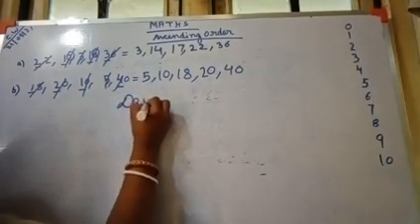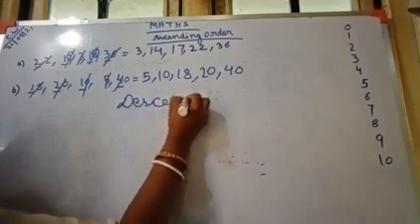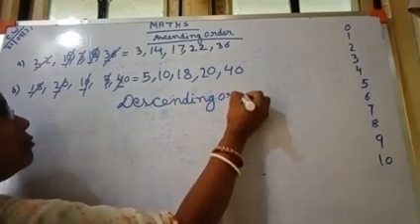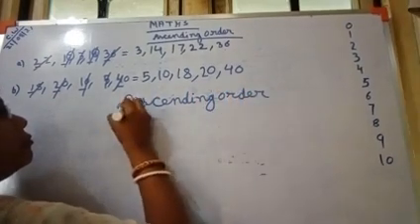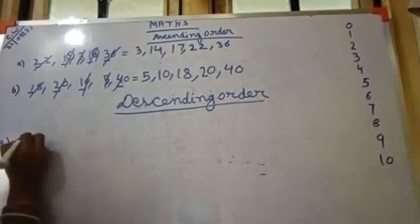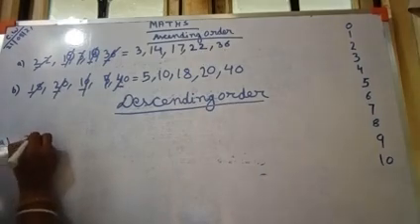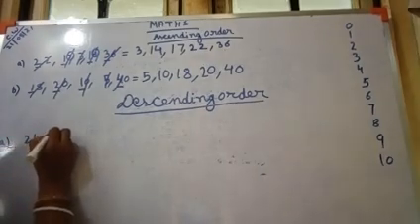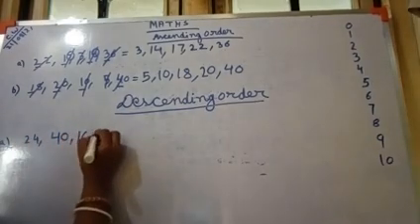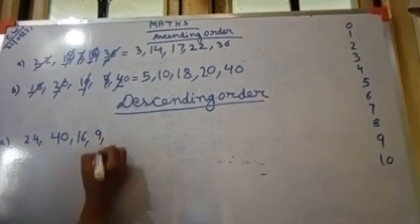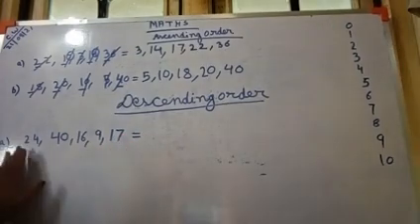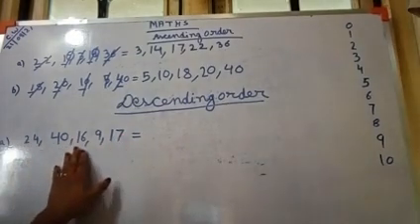Now see the descending order. Okay. 24, 40, 16, 9.